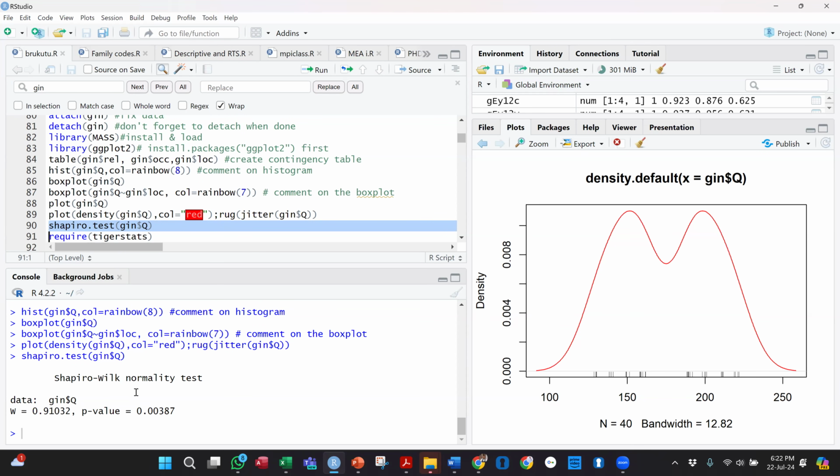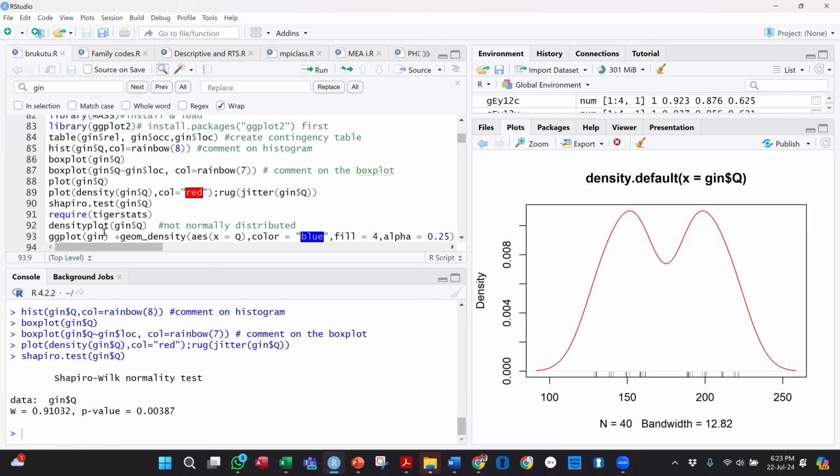When the p-value is less than 5%, it means that it's not normally distributed. And in our case, look down here in the console, the p-value is less than 5%, and so it is not normally distributed. And it's obvious from the kernel density plot with 2 modes. We call it bimodal, a clear indication that the data is not normally distributed.